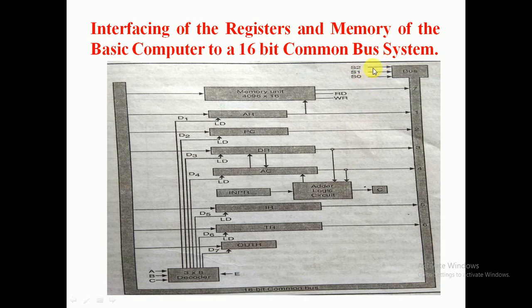This multiplexer's inputs S2, S1, S0 will select a specific register or memory and produce the content of that selected memory onto the bus. For example, if S2, S1, S0 is 111, it selects the memory unit and produces its content on the 16-bit common bus.